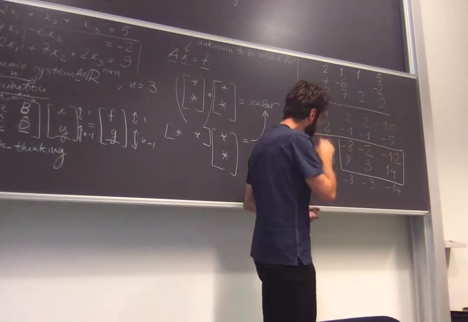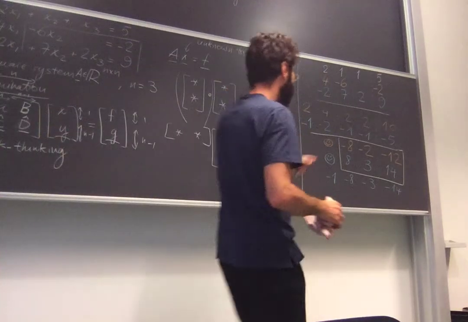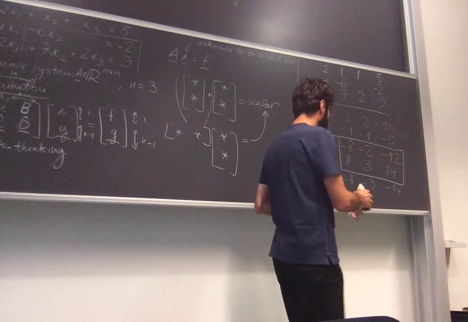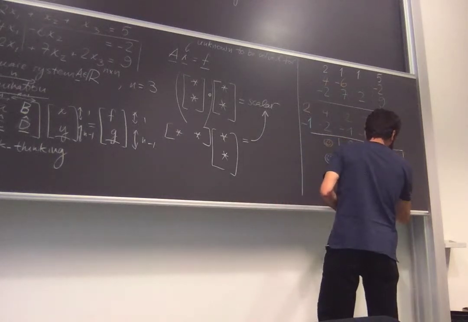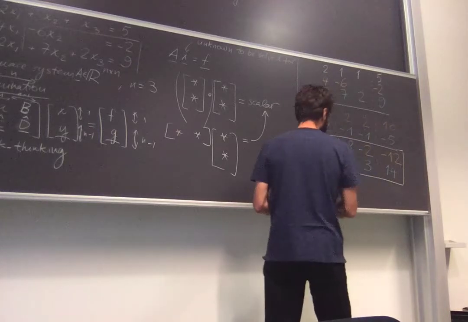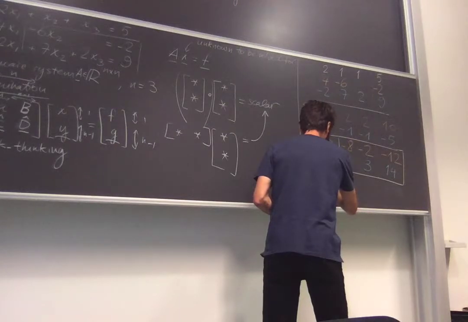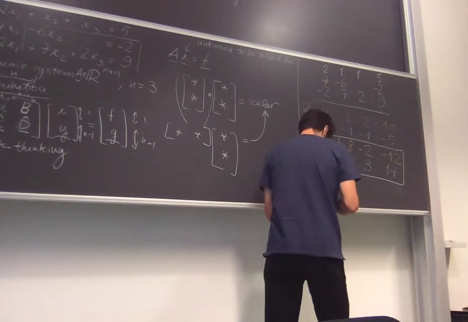Sorry, nah, I got it wrong. It's the orange guy that I multiply. Let's remind ourselves, who am I multiplying by minus 1 and subtracting? I'm multiplying the orange bar with minus 1.